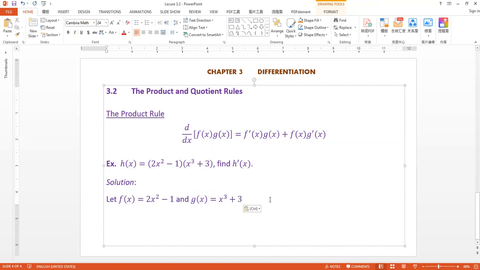All right, so then we can easily find the derivative of f and g by using the power rule. Okay, so let's just do that first.